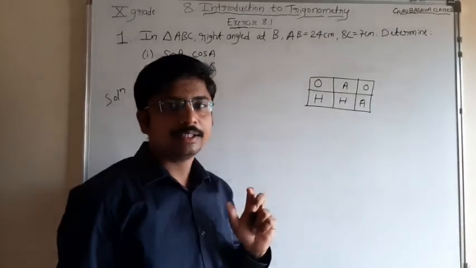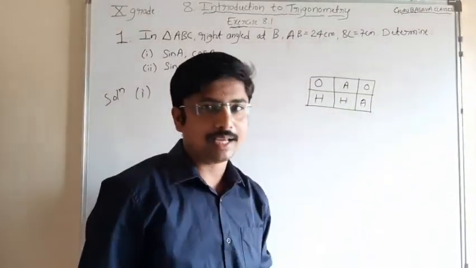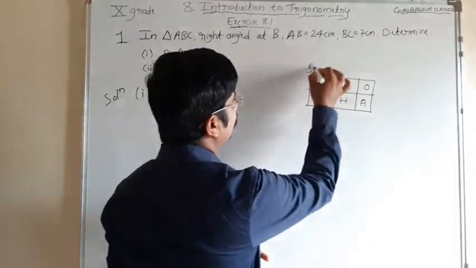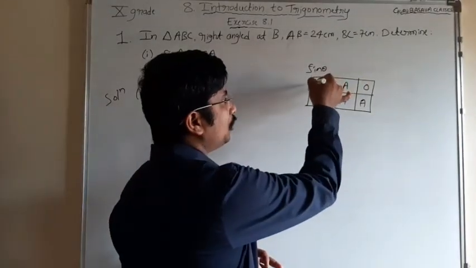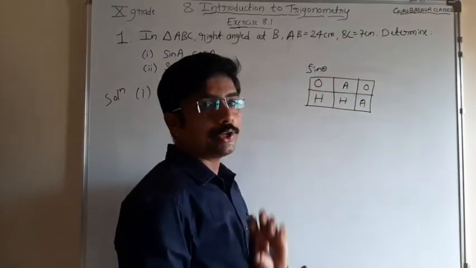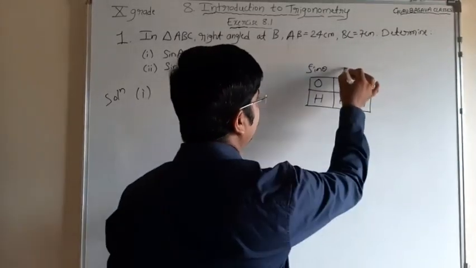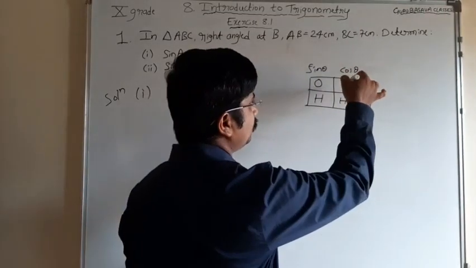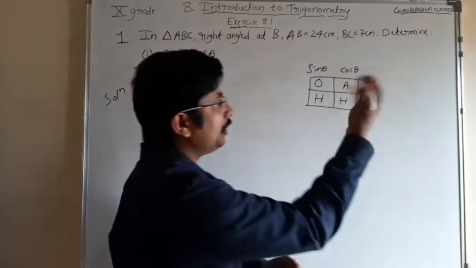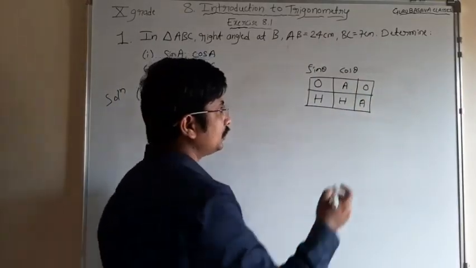OH represents the trigonometric ratio sin A or sin theta, which is equal to opposite side divided by hypotenuse. Next, cos theta is equal to adjacent side divided by hypotenuse.